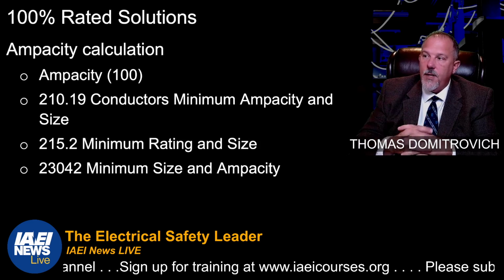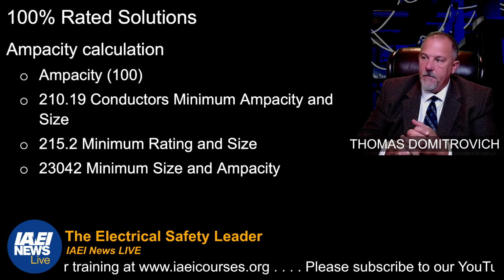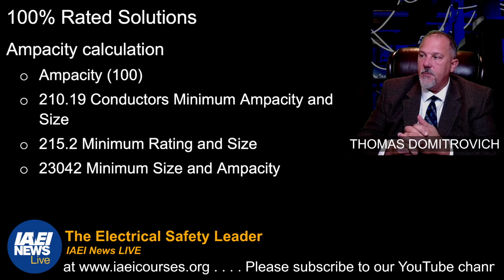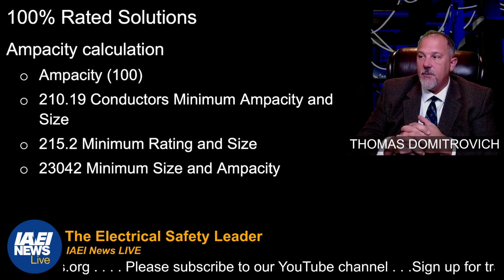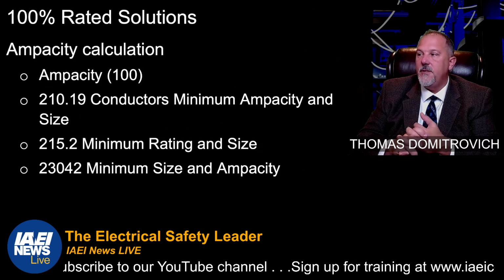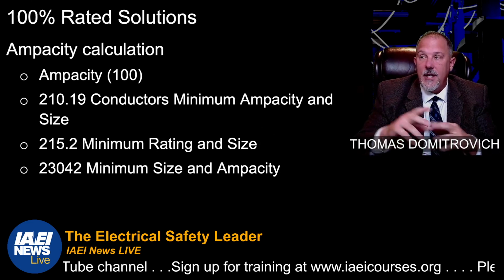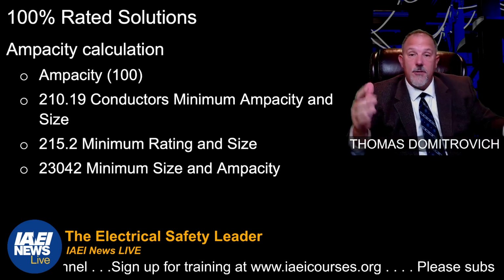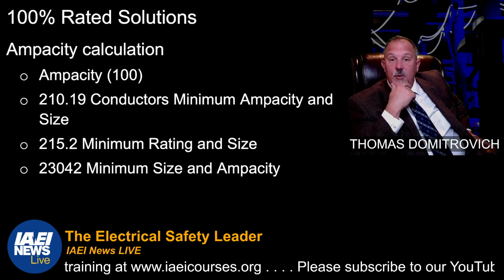Now, 210.20 says, where the assembly, including the overcurrent device protecting the branch circuits, is listed for operation at 100% of its rating, the ampere rating of the overcurrent device shall be permitted to be not less than the sum of the continuous load plus the non-continuous. This is where we introduce the concept of 100% rated.